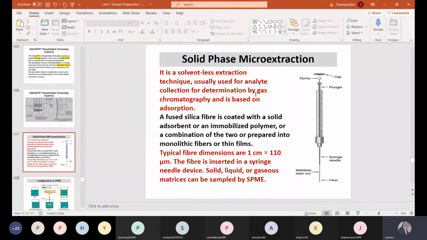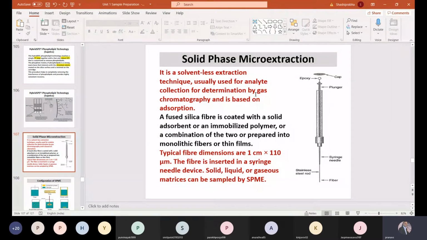The first principal thing which we want is to reduce use of toxic organic diluents. This is one major thing which is contributing to the pollution and waste disposal, problems in waste disposal, generation of a lot of toxicity in the environment.